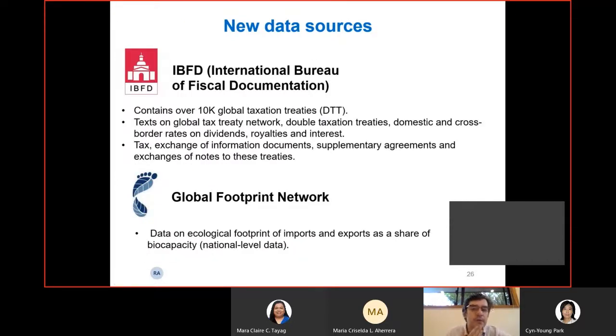We have also improved a variable on double taxation treaties that we will try to exploit better and to also have a bit more granularity for the different countries. And for this, we are accessing a new database on the double taxation treaties. And finally, the Global Footprint Network, which gives us data on ecological footprint.